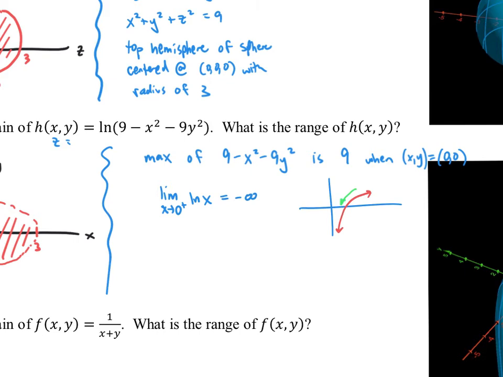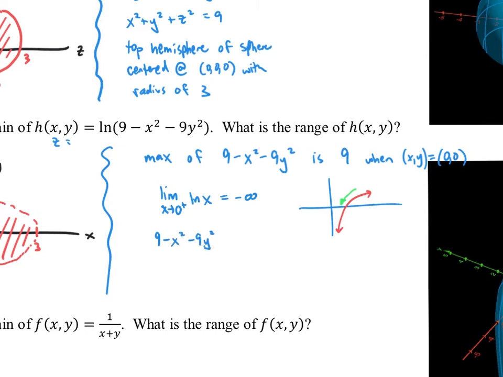So the question then really becomes, as we're looking at the argument, so again, we're now in multivariable form. The argument that we just analyzed was the natural log of x. So x was the argument. But in this case, the argument is 9 minus x squared minus 9y squared.